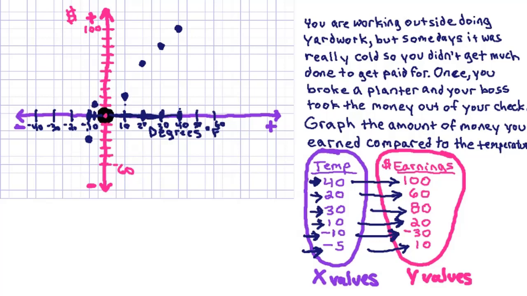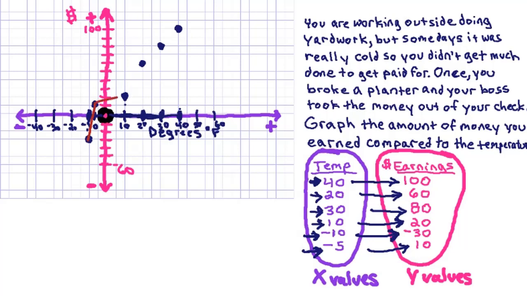So if you draw a line in linear fashion, like from left to right, showing the comparison of the temperature versus how much you made, you would start down here with the negative $30 at negative 10 degrees, and you would go up to the $10 at negative 5 degrees.